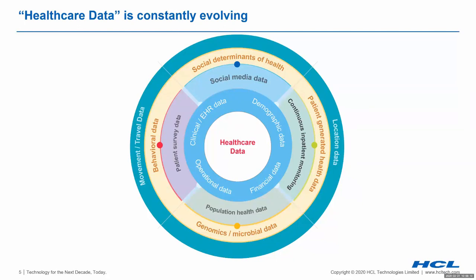Just a few months back, again, we thought that we now had a comprehensive set of data elements that influence health, which constituted healthcare data. However, that was not to be. Coronavirus, as all of you can appreciate, has now decided to make its own contributions to the definition of healthcare data by making individuals' location data and movement data, travel history, an important aspect of this data spectrum.